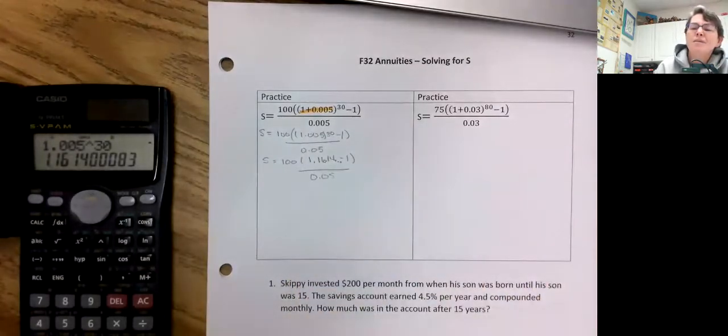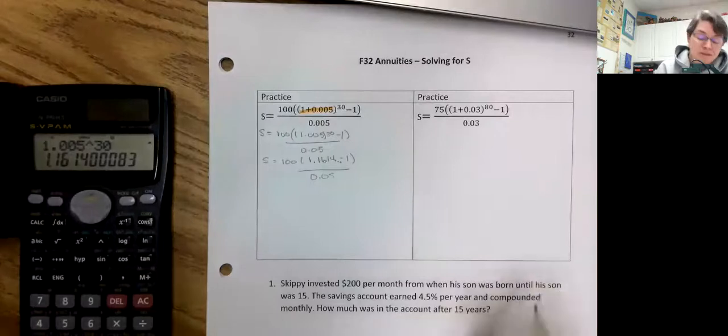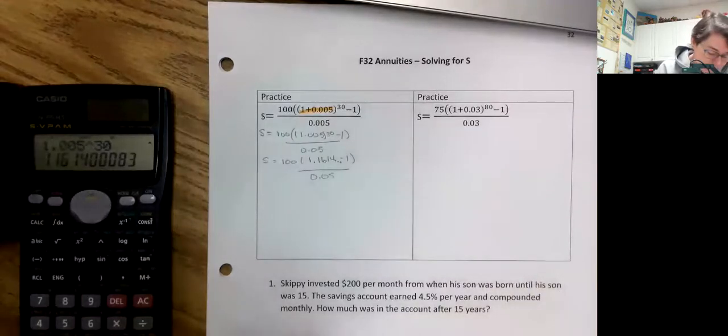Maybe I don't say lazy. Let's say efficient, not having to write that up. So I'm just leaving it there on my calculator. I'm going to subtract 1.